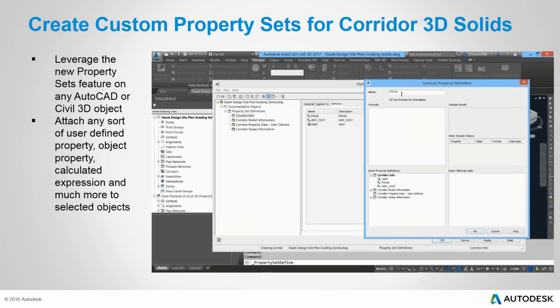So next we are adding a formula, so we can use any of the other properties in the formula. So we're applying a unit cost here and associating that with a volume.